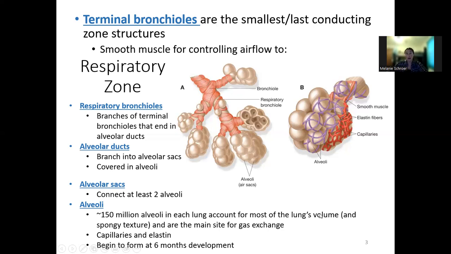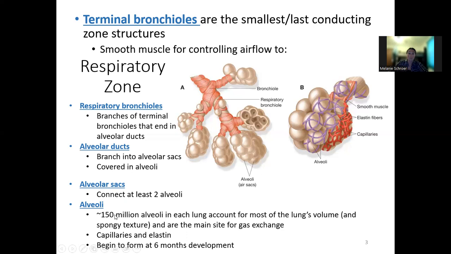The alveoli begin to develop at about 6 months of development, and they don't stop developing until well after birth. If you are born prematurely, sometimes you don't have a lot of alveoli, or not as many as you are supposed to have, and that is one of the many reasons why preemies have a particularly hard time breathing and may need to be on oxygen for a while until their lungs fully develop.